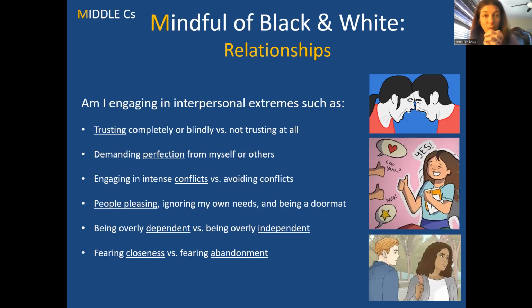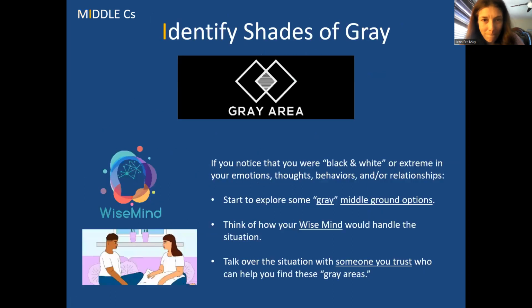I'm very comfortable being close, but at the littlest sign that the person's pulling away or doing something else or not paying attention to me, I freak out because I'm scared to death that they're going to leave me. So all these black and white things could play out in relationships. Really do an inventory, check in with yourself. Are these things going on with me? These are signs of black and white.